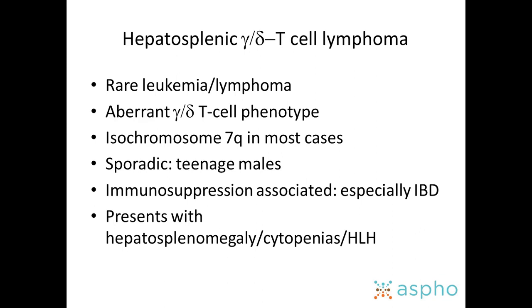There's an isochromosome 7q in most cases. The sporadic cases are nearly all teenage males, but increasingly we're recognizing immunosuppression-associated cases. We've seen 3 in the last 2 years. And these patients characteristically present with this smoldering hepatosplenomegaly, cytopenias, and may ultimately have a fulminant HLH-like phenotype.